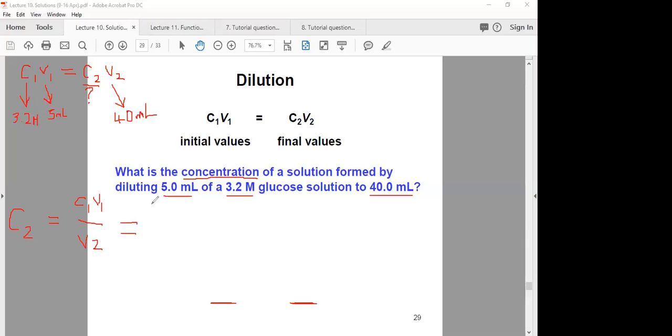Yep, so we've got 3.2 molar. 3.2, I'll put moles per litre, multiplied by 5 mil, divided by 40 mil.